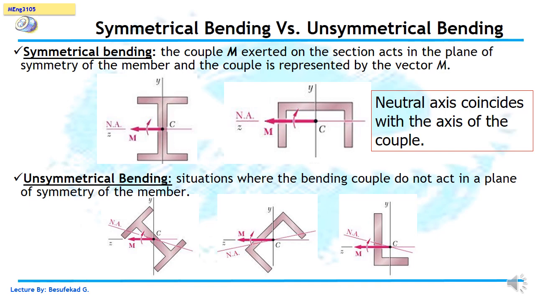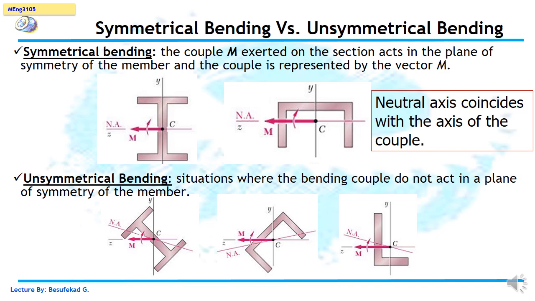Now notice how we put this couple there. Suppose this is the plane of symmetry of the I-beam, which is the XY plane, right? If I hold it like this, it's going to be the XY plane. Whenever the couple acts on the plane of symmetry, the bending is called symmetrical.